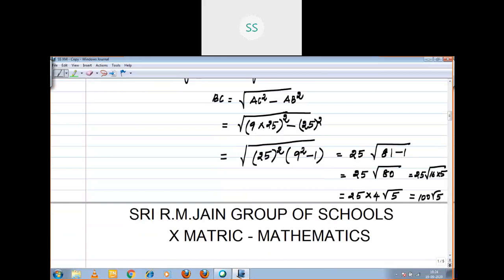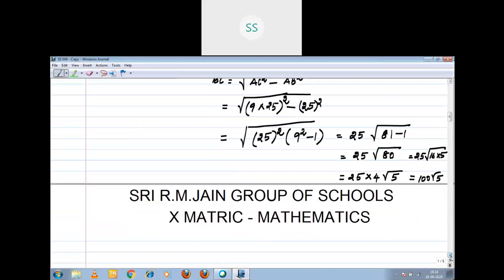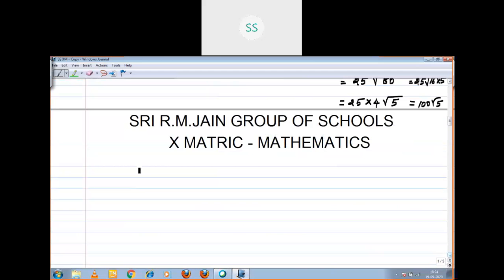Square root of 16 into 5. We are making the surd into a mixed surd, right? It is equal to 25 into 4 root 5. This is equal to 100 root 5.